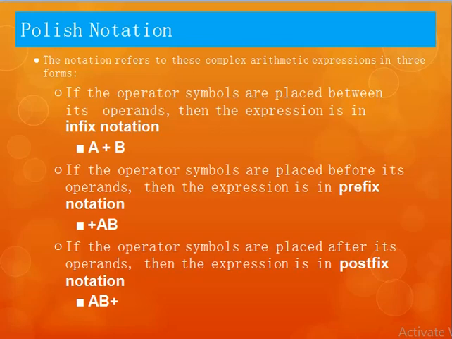For example, A plus B: the operator plus is placed in between the two operands, A and B, so it's called infix notation. And if the operator plus is placed before the operands, it's called prefix notation.